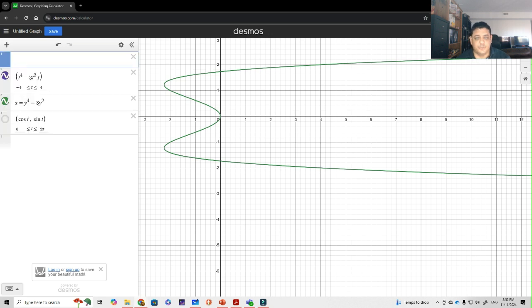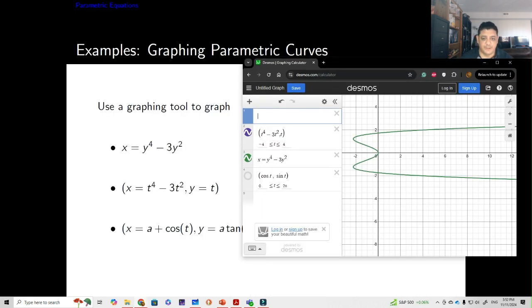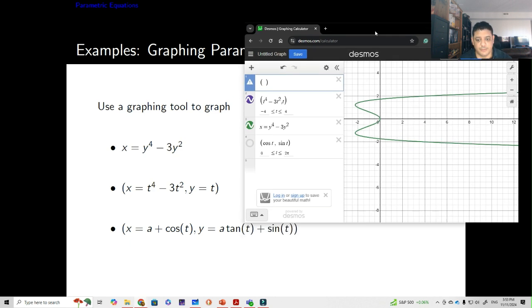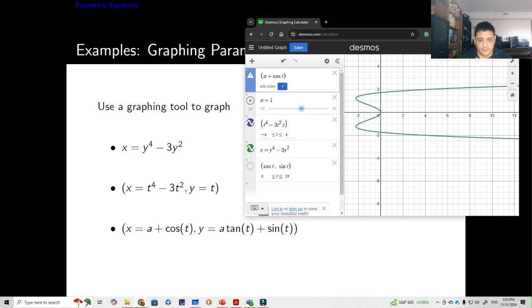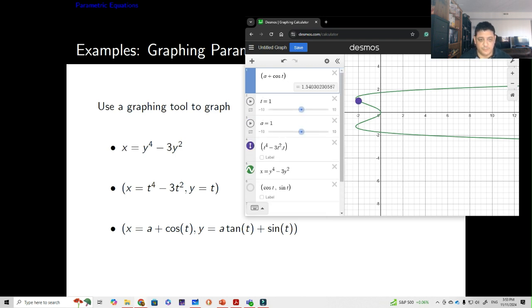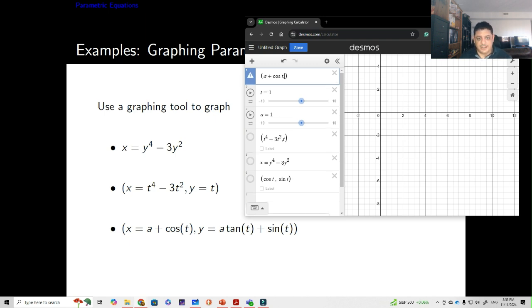Now, some other expressions can be more complicated or simple depending on what we have. So for example, for the last curve that we have over here, we have a plus cosine of t, and notice that we can add sliders for a and t. So we do that so we can have different movements. Let me just remove this so I can just have this in there, because that slider is also changing values for this.